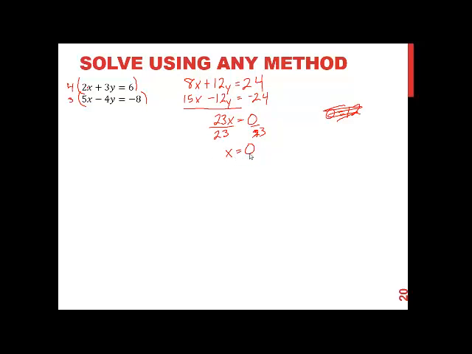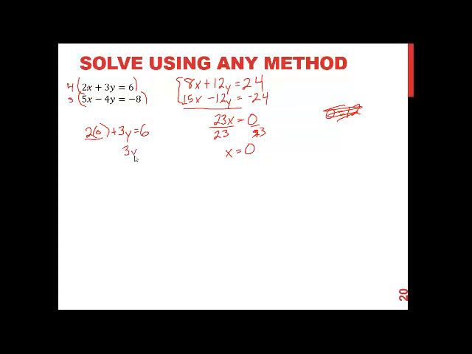Alright, now if I stick this 0 back into one of my original equations, it's always safest to go with the very original. Don't do any of the modified ones because you may have made a mistake there and we're trying to catch mistakes. So we'll go back to the original equations. 2 times 0 plus 3y equals 6. Well, 2 times 0 goes away.